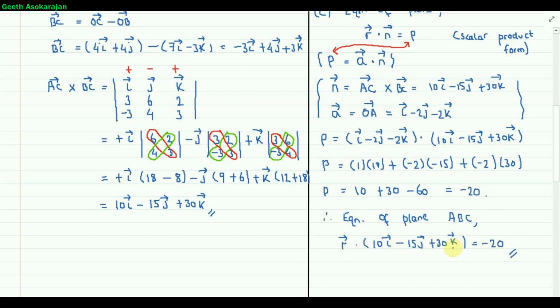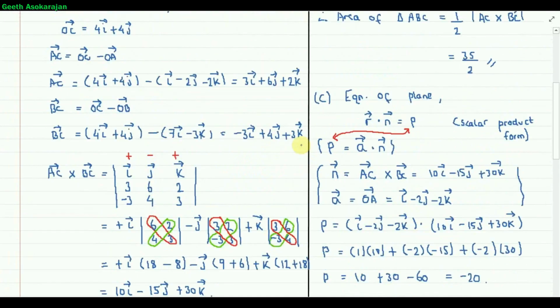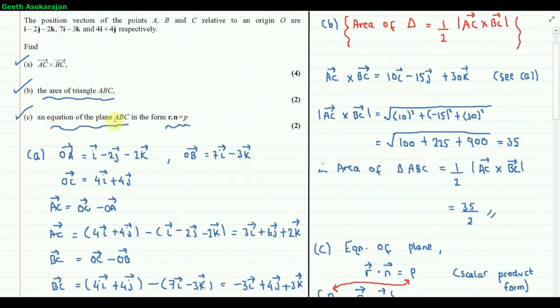So that, I believe, would be the solution to this particular part C.